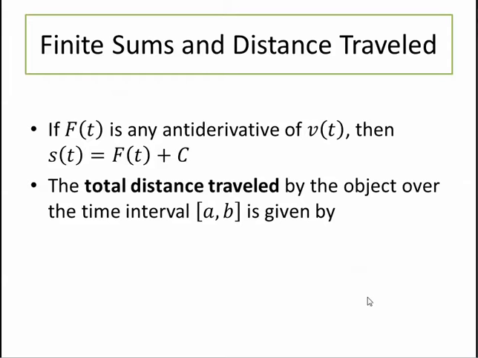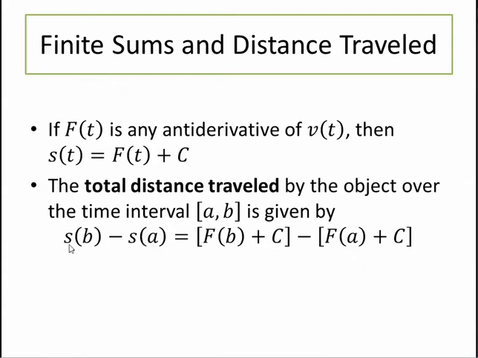Now we can write that function s in terms of an antiderivative f. So s of b here we could write as f of b plus c, and then we subtract off s of a, which is f of a plus c.